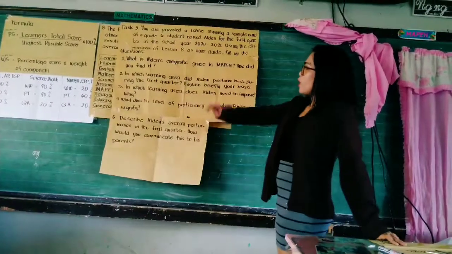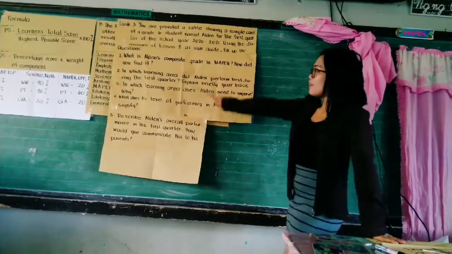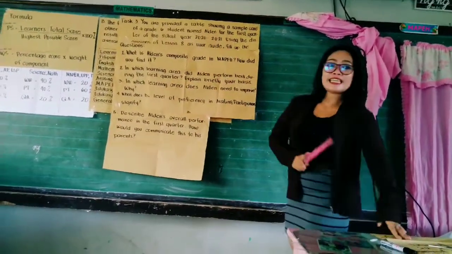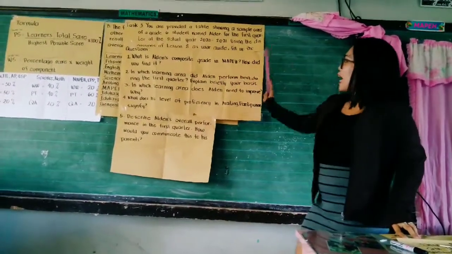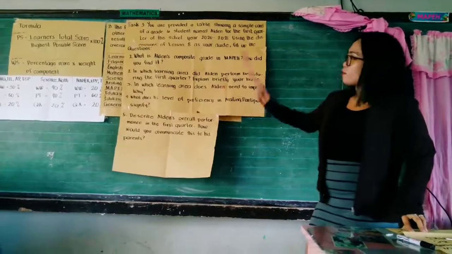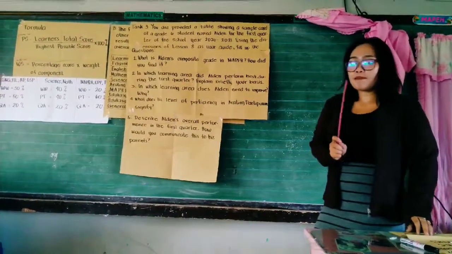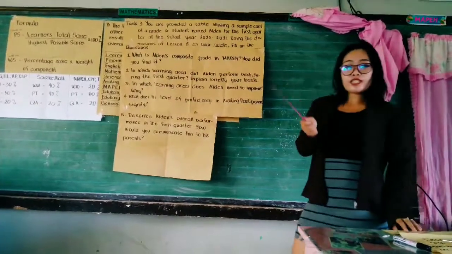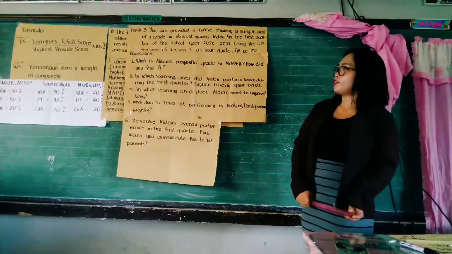Questions. Number 1. What is Alden's composite grade in MAPEH? Alden's composite grade in MAPEH is 86.75 or 87. How did you find it? I found it by adding the four subjects that belong in MAPEH, which are Music, Arts, Physical Education, and Health.